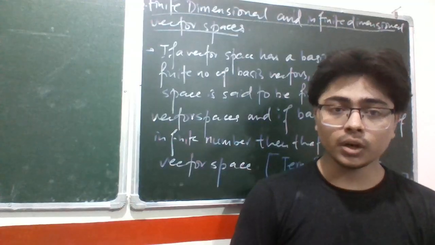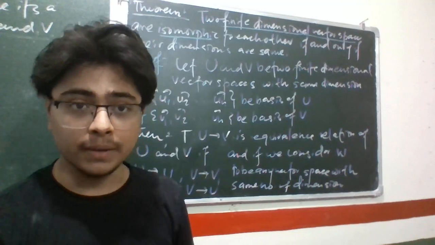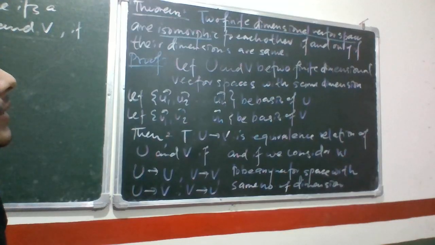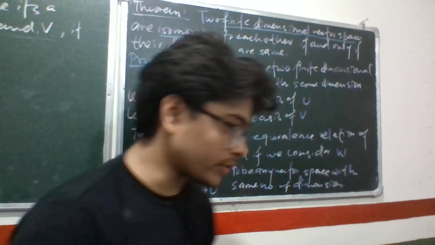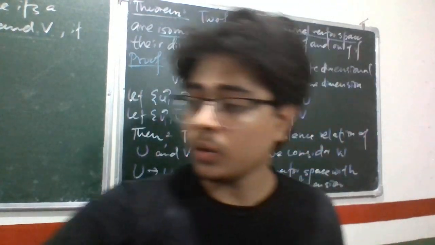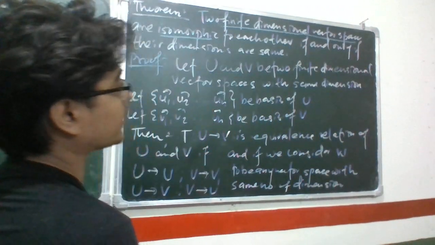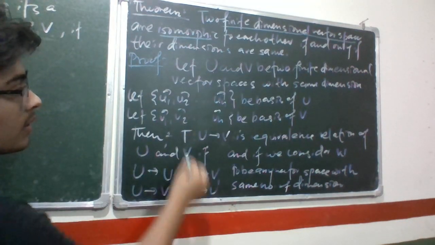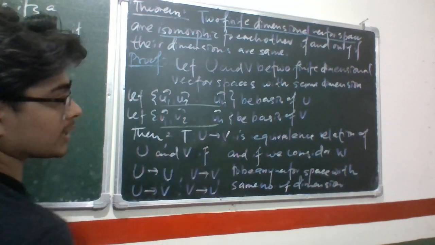Now let's go to our theorem. Okay, let's see this theorem. It says that two finite dimensional vector spaces are isomorphic to each other if and only if their dimensions are the same. So for the proof of it, we considered two vector spaces U and V, which have the basis this and this respectively.